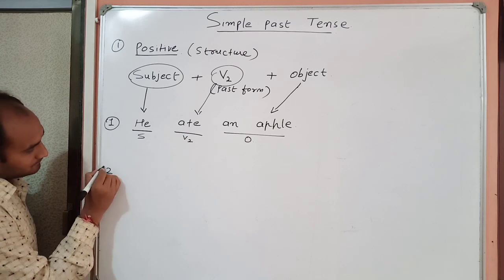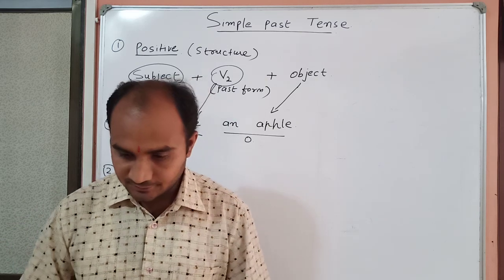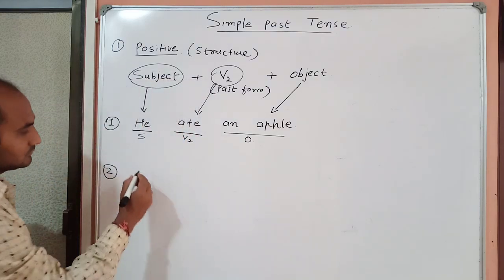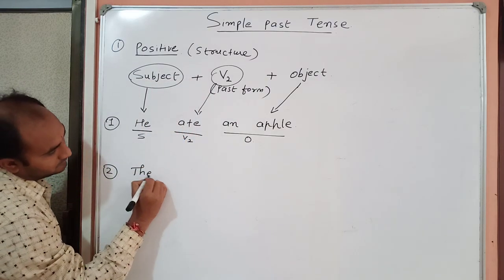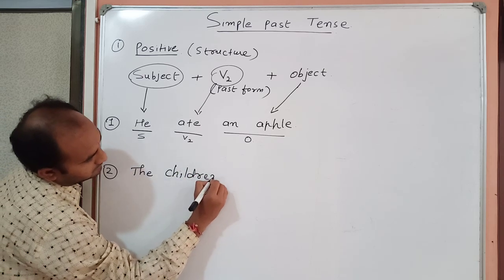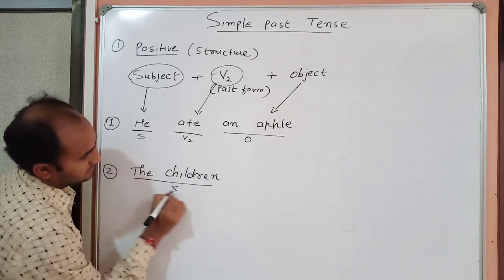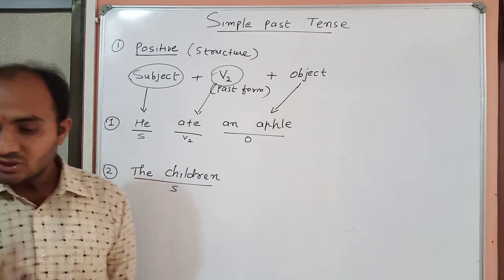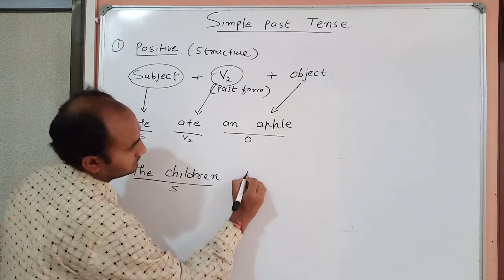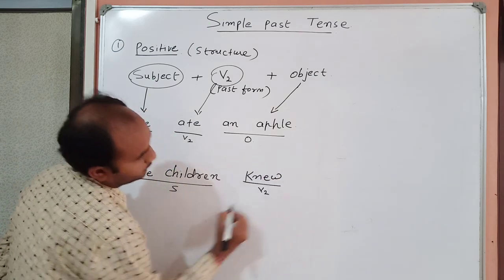Number 2, it is an example of plural. The children, that means subject. The children knew.